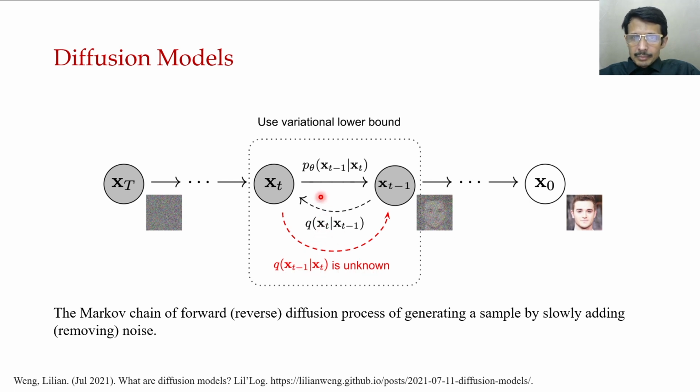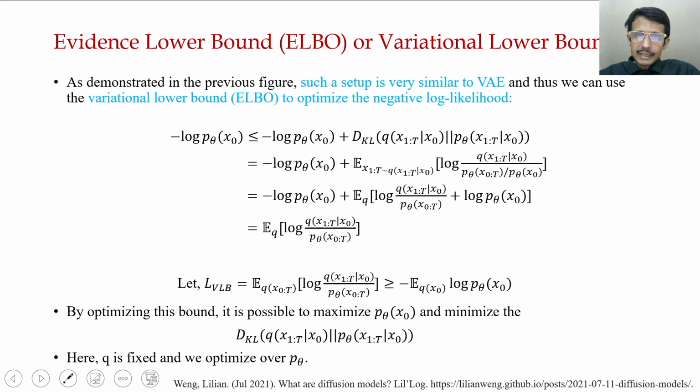So if we somehow minimize the distance between these two, then we can model this. Exactly this is what we are trying to do here, with the KL divergence between q and p theta.